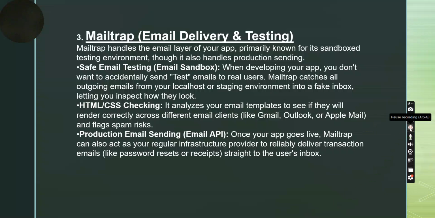It provides a fake SMTP server, which ensures that your code works properly before going live. So instead of sending your test emails to your client, you can use Mailtrap.